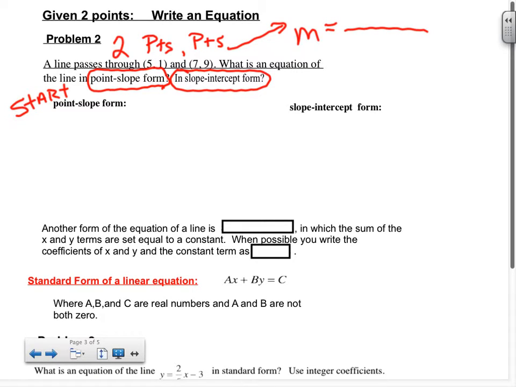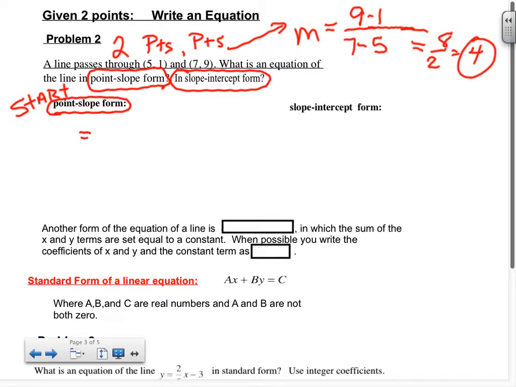It'd be y2 minus y1, 9 minus 1, and 7 minus 5. Okay, that gives me what? 8 over 2 or 4. Slope is 4. Okay, so with the slope 4, I'm going to put it in point slope form.